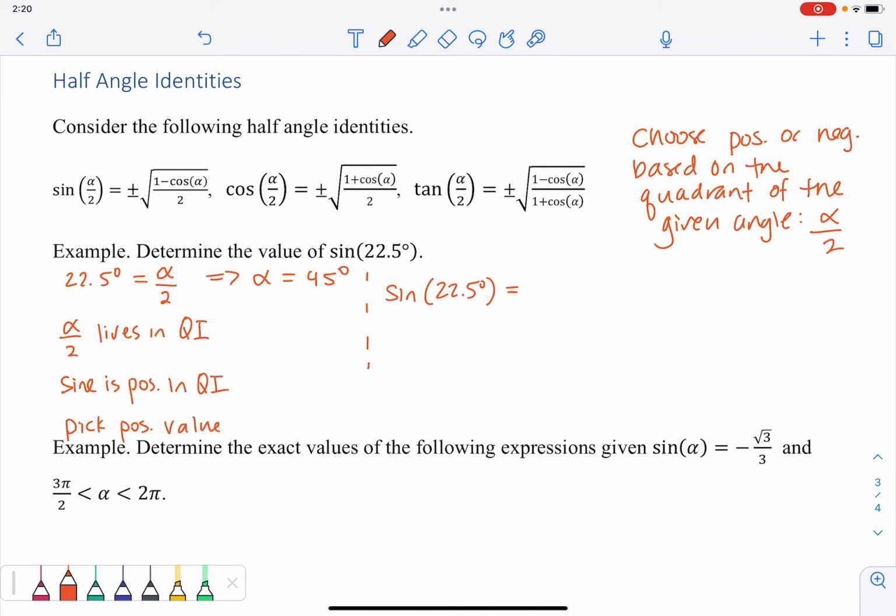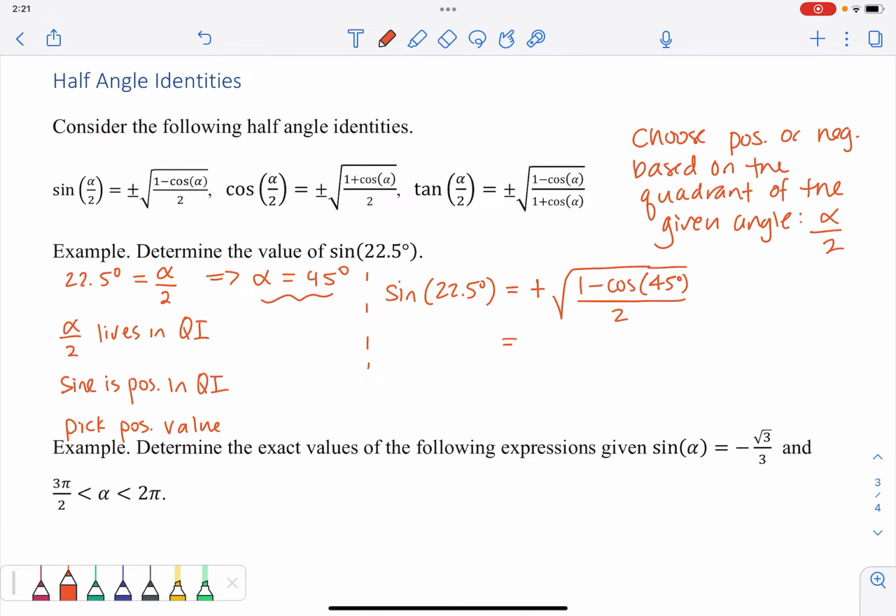And so it says you don't need to know anything about 22.5 degrees, which is really like half of an angle, as long as you know something about the full angle, which is 45 degrees, and I do. So I'm going to say sine of 22.5 degrees is plus, because I'm picking the plus on this one, the square root of 1 minus the cosine of, well, notice that now I need the full angle, so I need 45 degrees, so cosine of 45 degrees, all over 2.